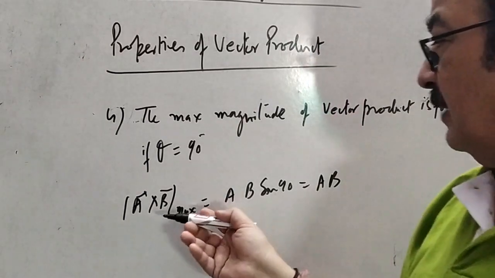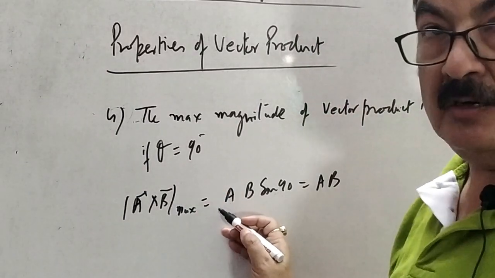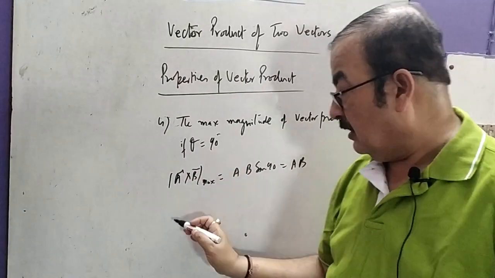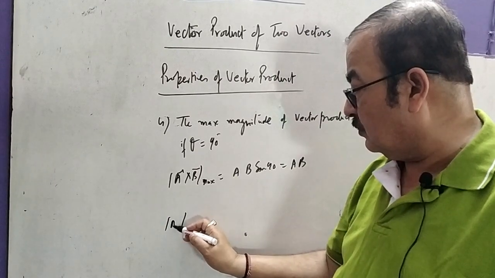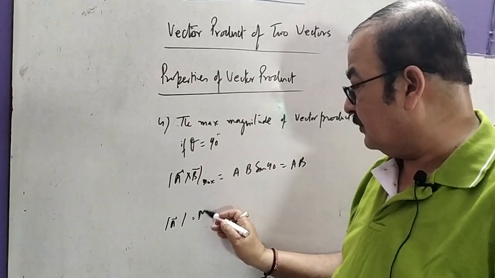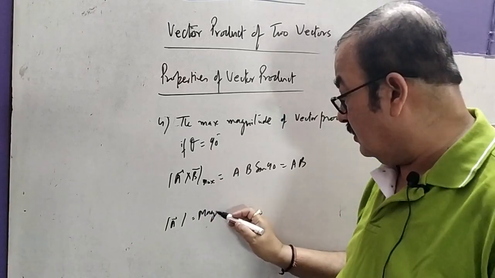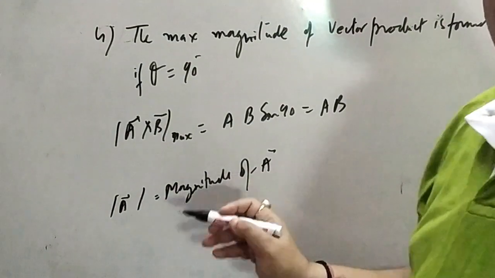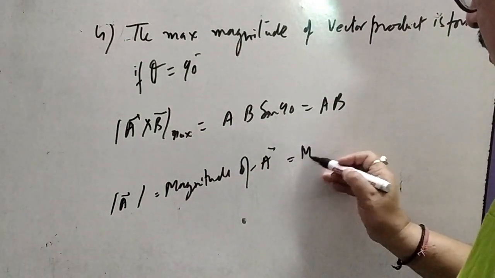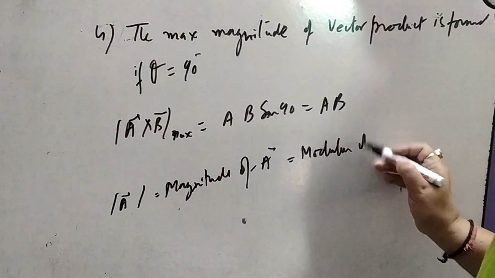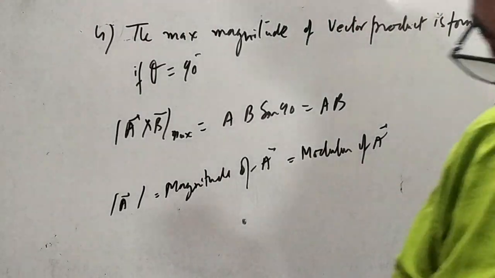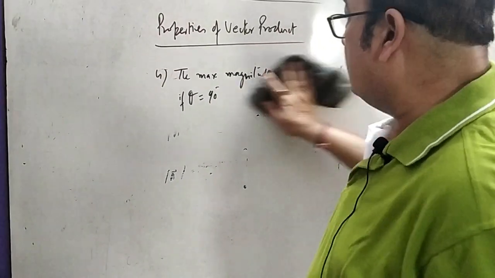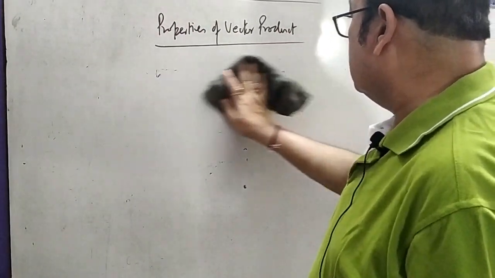Okay, because we are not to take any unit vector, because we are taking the magnitude. Always remember, whenever we write something like this with two parallel bars, it means it is the magnitude of A, or simply we call it modulus of A.